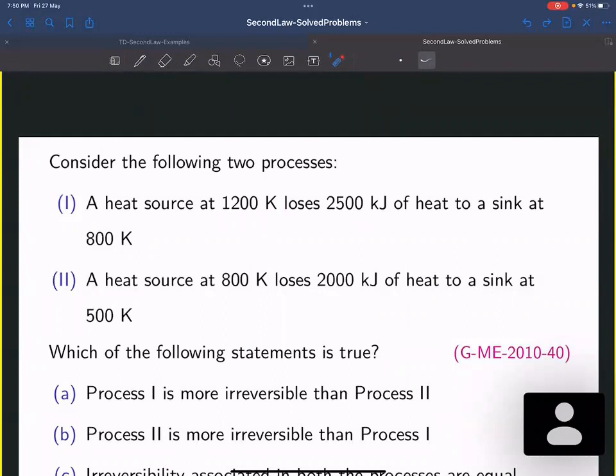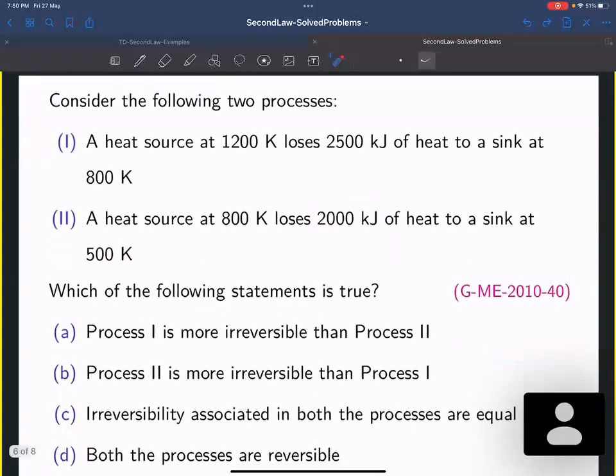Otherwise, it is simply heat exchange between a source and a sink. From the source, 2000 kilojoule of heat is going to the sink at 800 Kelvin. And there is another such system, from a source at 800 Kelvin, where 2000 kilojoule of heat is going to the sink at 500 Kelvin.